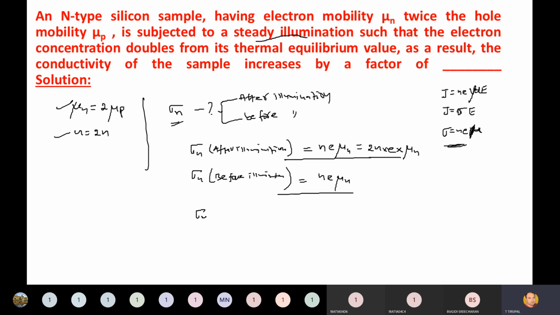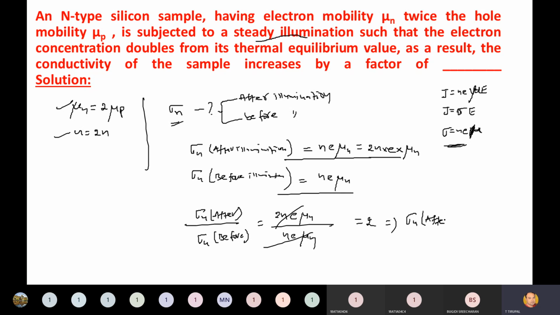So sigma n after illumination divided by sigma n before illumination is equal to 2n e mu n whole divided by N e mu n. That is equal to how much? 2. So conductivity after illumination is equal to twice that of conductivity before illumination.